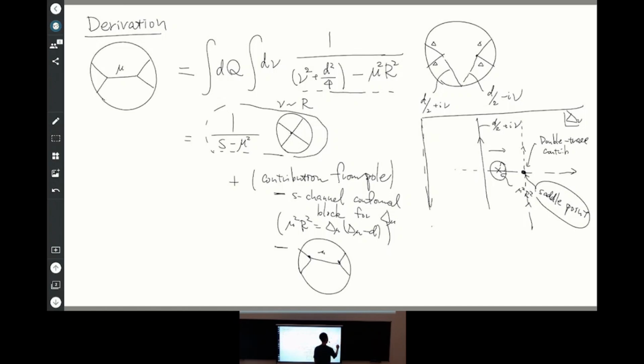So this already tells you that in order to recover the correct flat space propagator, what you need to do is throw away the conformal block of the operator with dimension delta mu, and just keep the double trace part. This might be slightly counterintuitive because this propagator really has a pole at the position of the particle mass mu, and so you might think it corresponds more to the conformal block of the particle delta mu, but it's actually not the case.